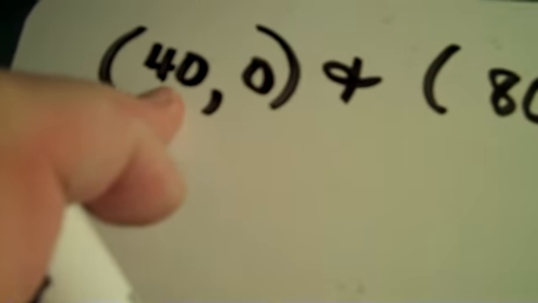Well, what that means is we're going to put the temperature in, the number of chirps come out. So 40 degrees, 0 chirps, 80 degrees, 168 chirps.